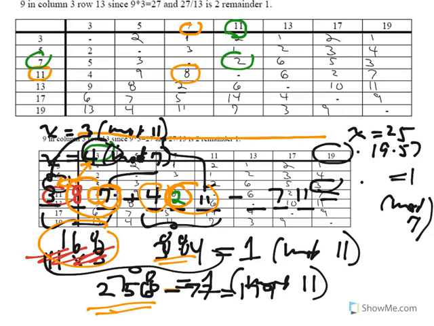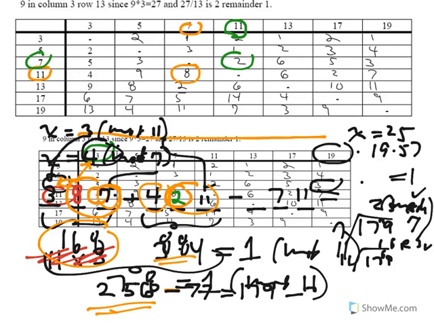256 minus 77 is 179. And just to check, 179 divided by 7 is 25, remainder 4, which is what I was hoping, and 179 divided by 11 is 16, remainder 3.